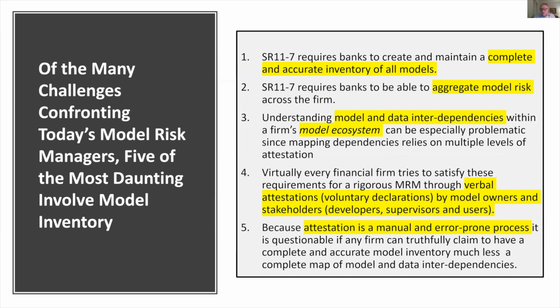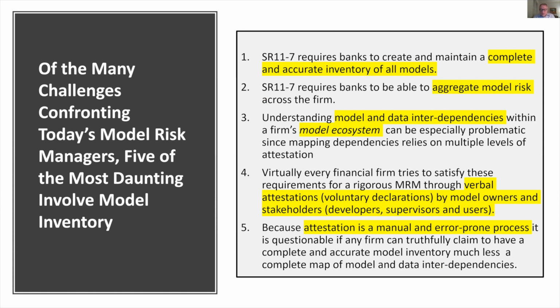SR 11-7 requires banks to create and maintain an accurate and complete inventory of all models. That itself is a real challenge. It probably won't surprise many people listening to this presentation, if you've worked in the banking industry, that most firms actually do not know how many models are in use throughout their firm. But SR 11-7 also requires banks to be able to aggregate model risk across the firm.